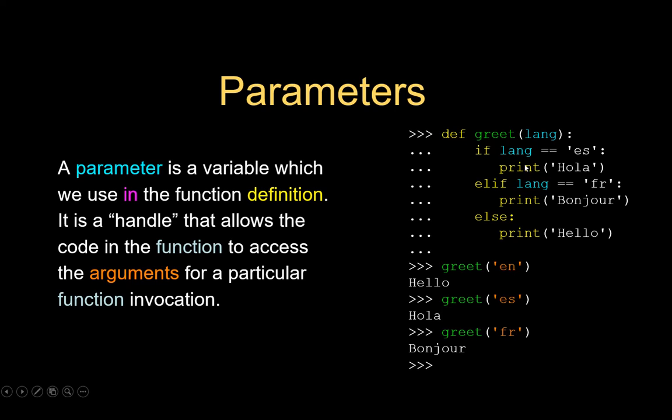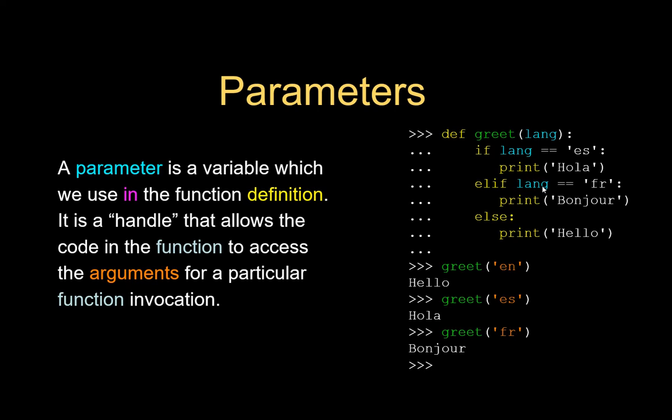So in this case, if the argument is es, it's going to print hola. If the parameter, which holds the argument, is equal to fr, we're going to print bonjour.